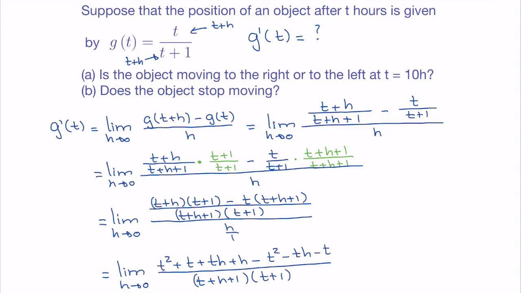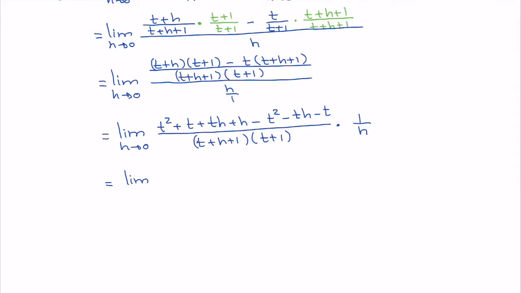We keep the numerator and multiply by the reciprocal of the denominator. Now the t squares cancel out, the t's cancel out, the th terms cancel out. We only have h in the top, and in the denominator the same thing, times t plus 1 times h. And now the h is canceled out.